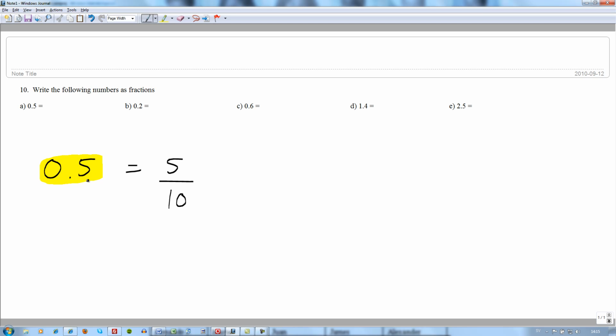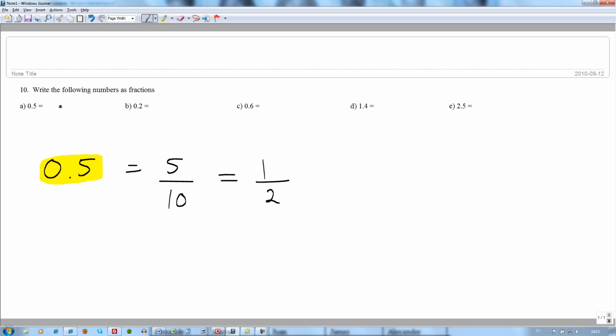You multiply it by 10, then you're going to move this decimal point to here. So this is going to be 5. But then you have to divide it by 10. So 0.5 equals 5 divided by 10. And you can write 5 divided by 10 as 1 divided by 2. It's going to be worth just as much, because this is half.